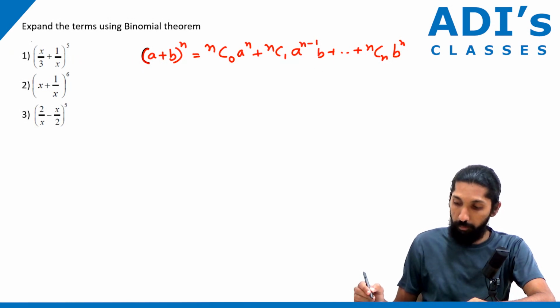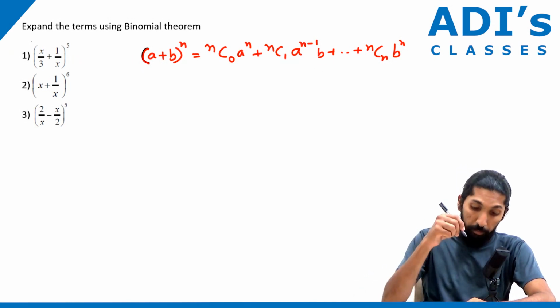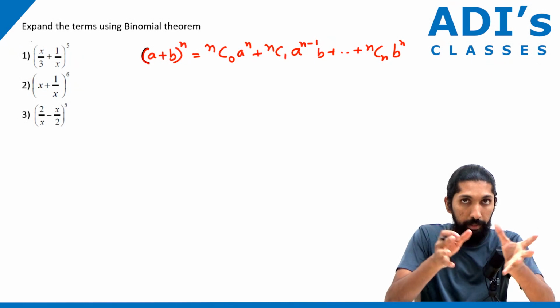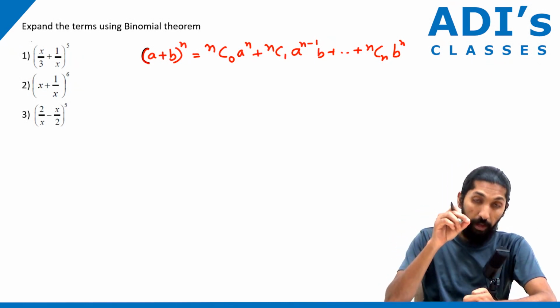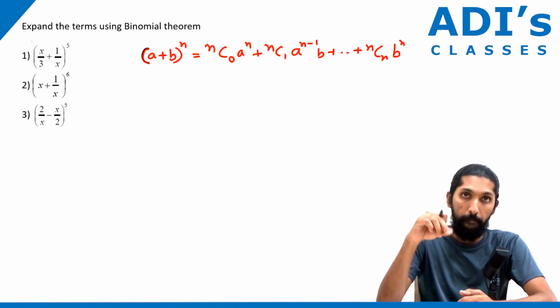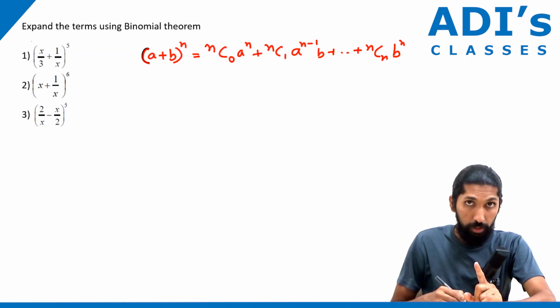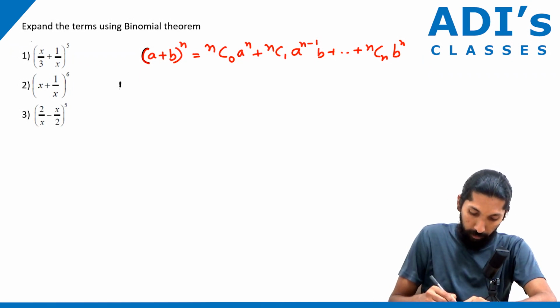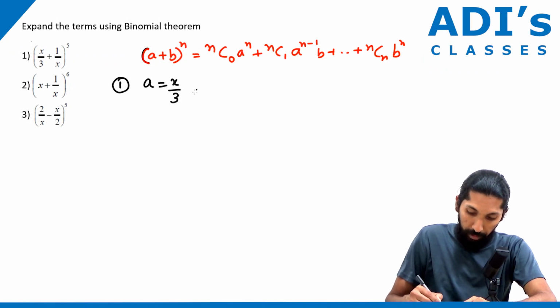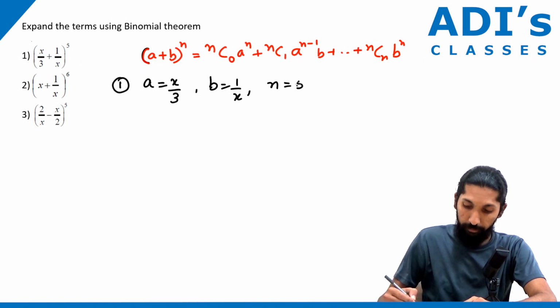This is the general formula, isn't it? Now, in place of a and b we have particular terms, and in place of n a particular number. For the first question, the a value is x/3, the b value is 1/x, and the n value is 5.